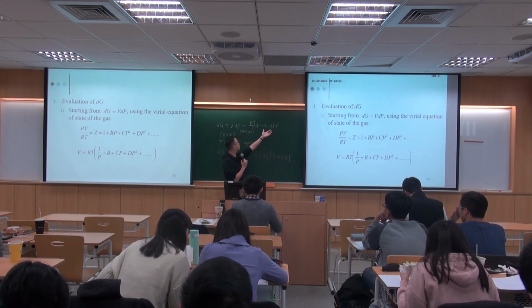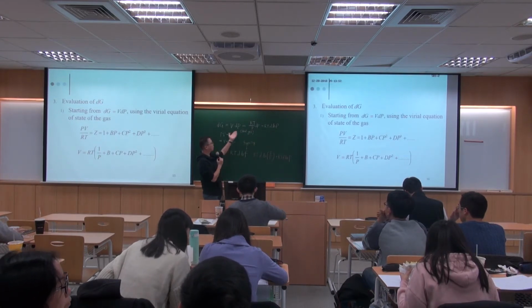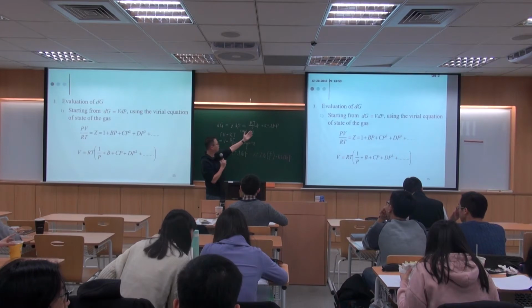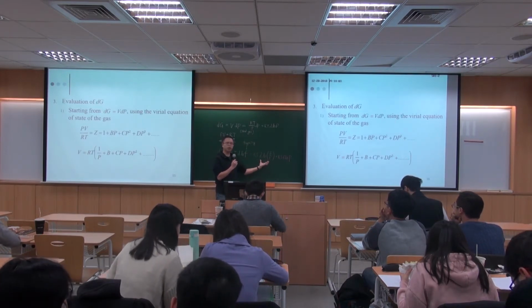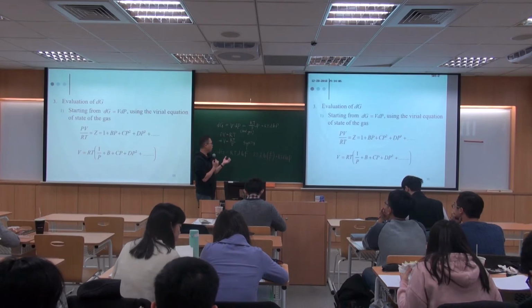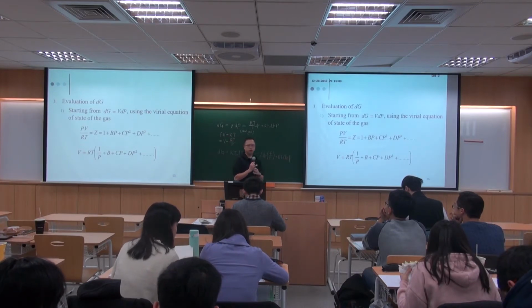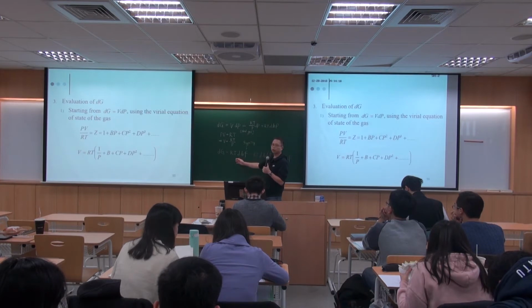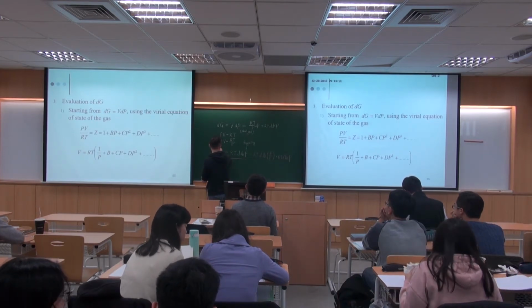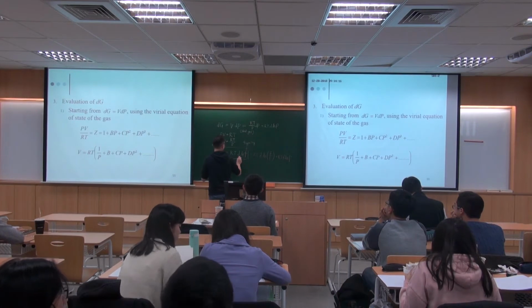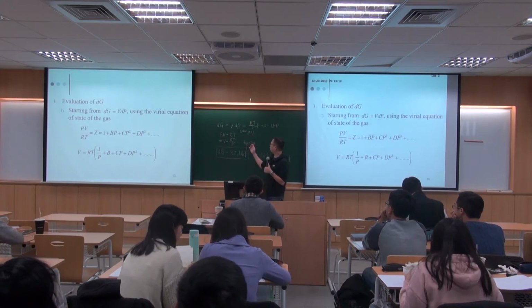So this part is the same as the ideal gas expression, but for the non-ideal gas, or for the real gas, you have this extra term. And you can see that if you combine these two, you'll go back to the original definition of fugacity. So this equation is important for its definition of fugacity.